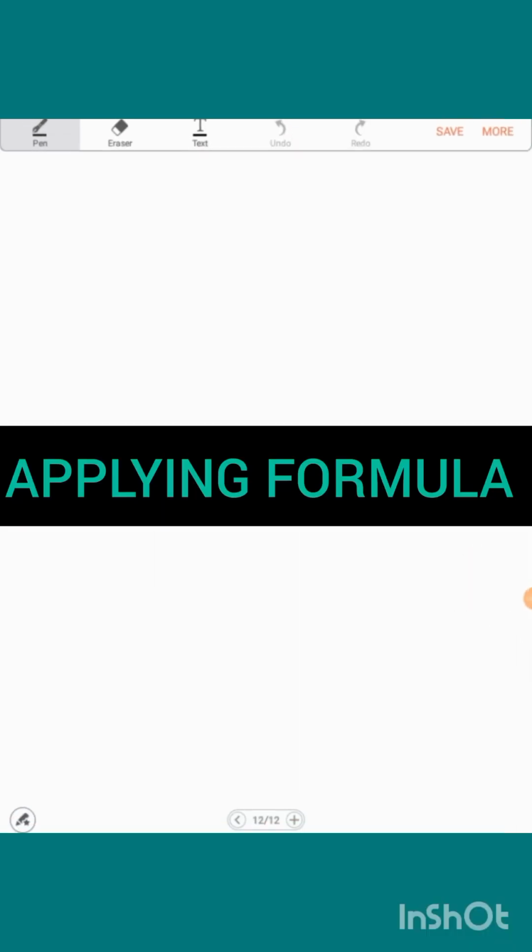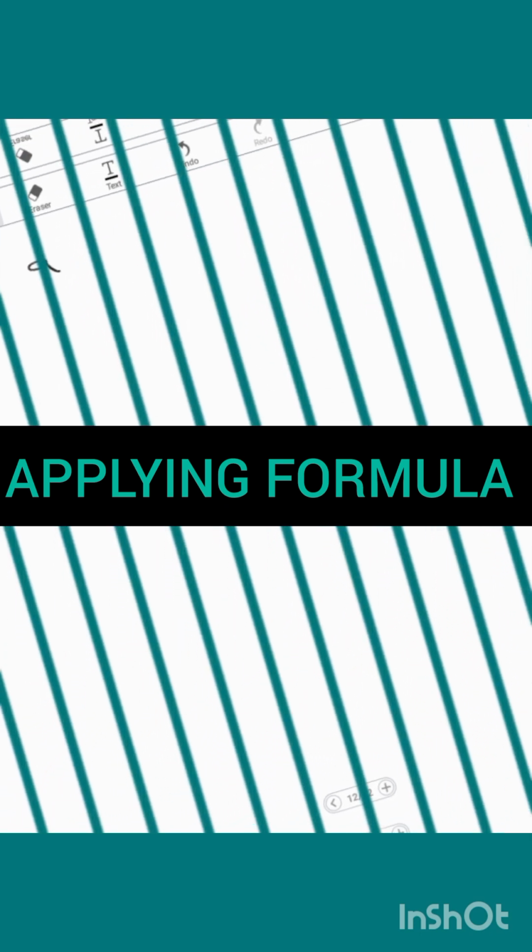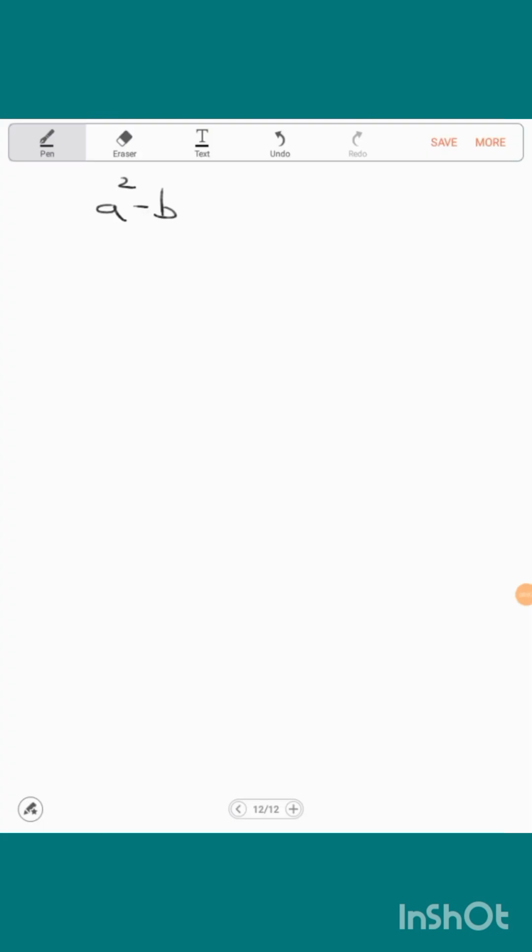It's step number 2. a square minus b square is the formula, and whenever you expand a square minus b square, you are going to get a plus b and a minus b. Okay, if I give you a question, x square minus 16, how will you get to know whether we are going to take out any common or whether we are going to use the formula?